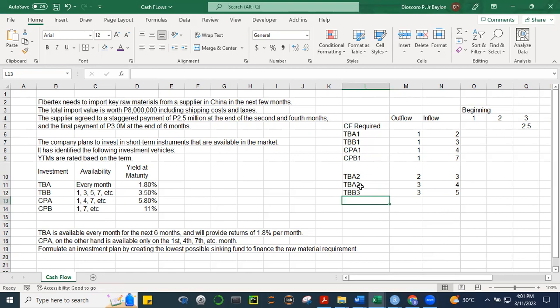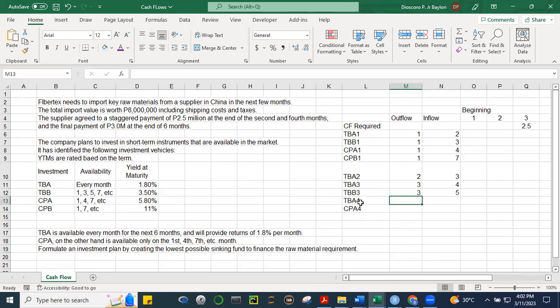Okay, how about month 4? So this is TBA 3, TBB 3. TBA 4. What else? CPA 4, right? Okay, so we conveniently named the variable as 1, 2, 3, 4, depending on when they will be invested.